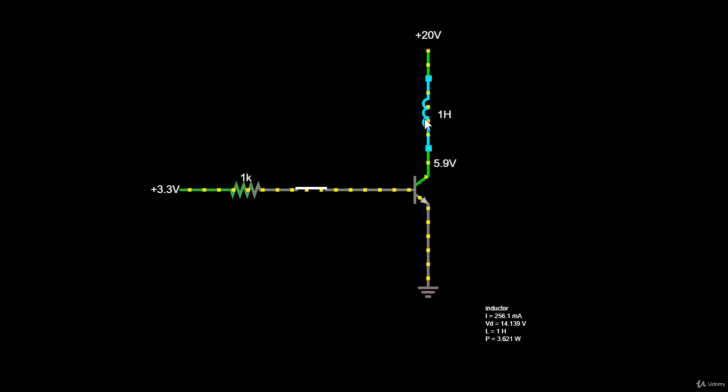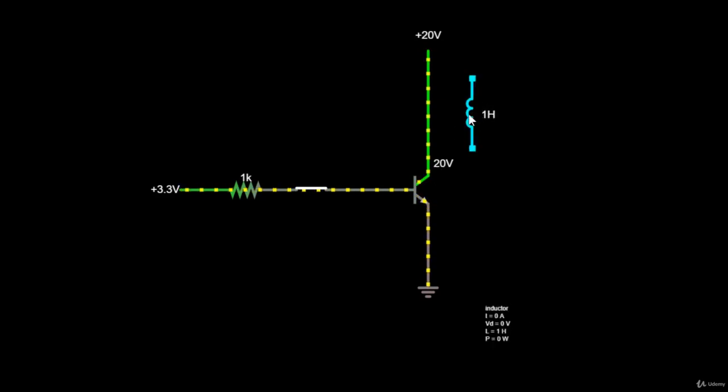So if I take this motor out for a second and connect this directly, you can see that 20 volts is dropped across the collector and emitter of the transistor. The voltage coming from the power source must be dropped somewhere until it reaches ground, which is always at 0 volts, right? So the whole voltage will be dropped across the transistor.